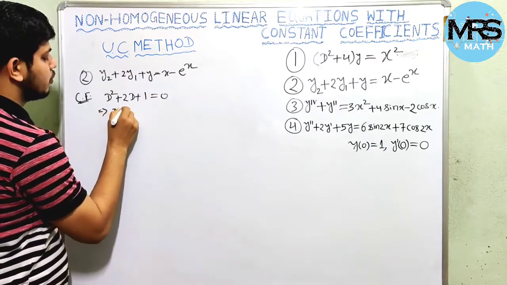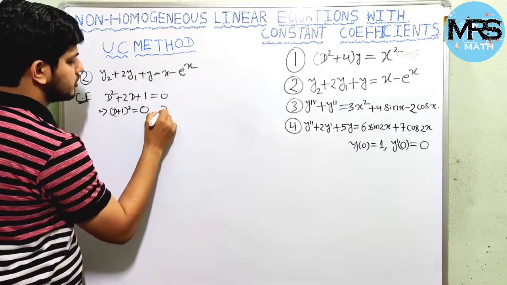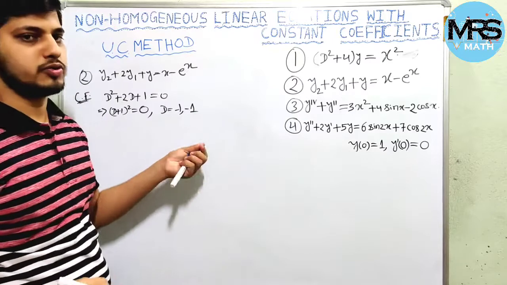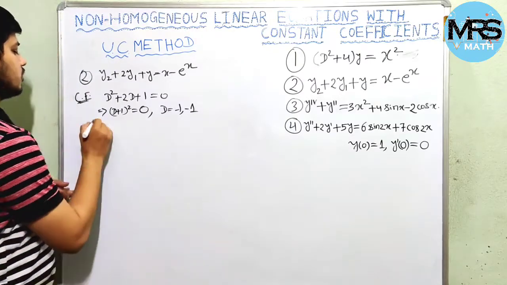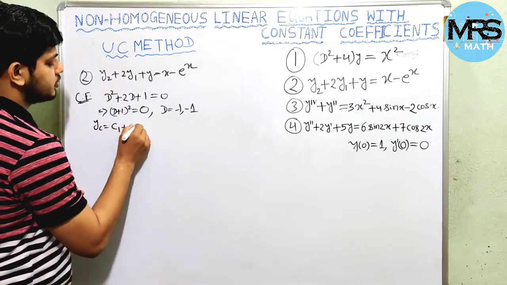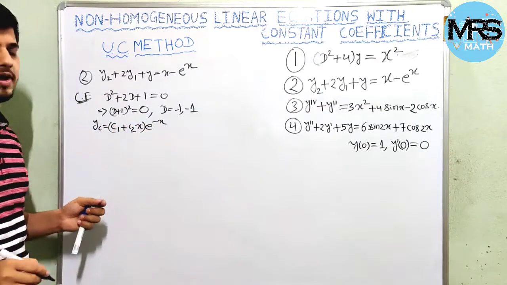So d plus 1 whole square equal to 0, right? So our d will be minus 1 and minus 1, so 2 times the real root. So yc we can write c1 plus c2x into e to the power minus x, okay?